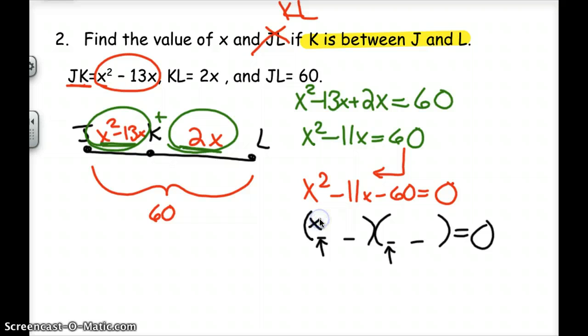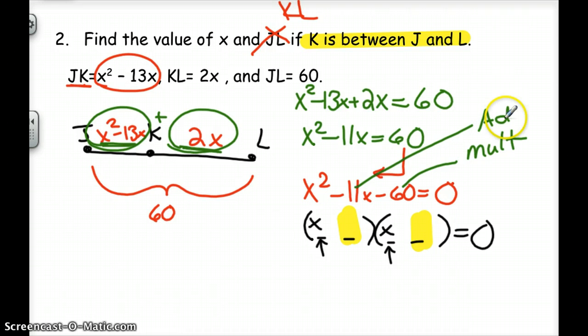So that's x and x. To think of your backs, they have to multiply to get 60 and add to get negative 11.